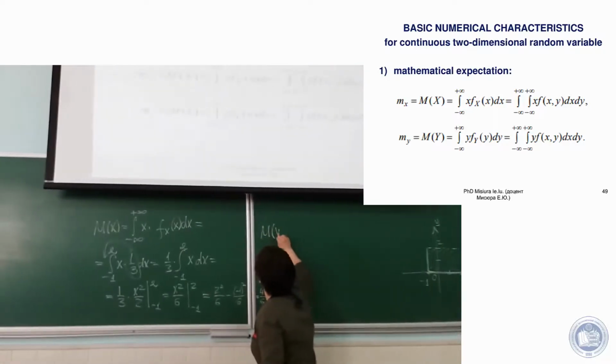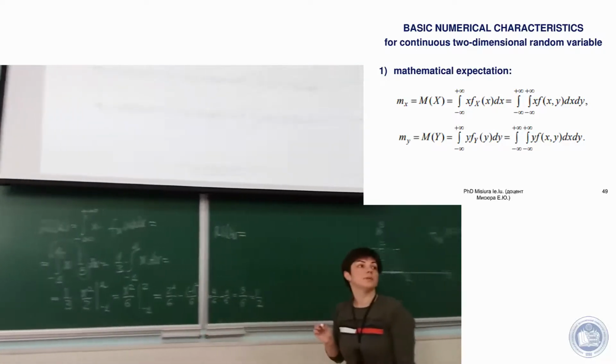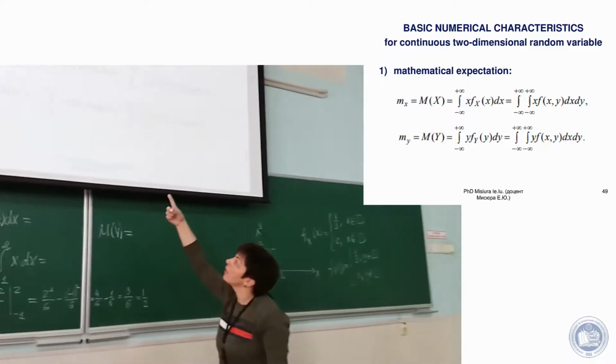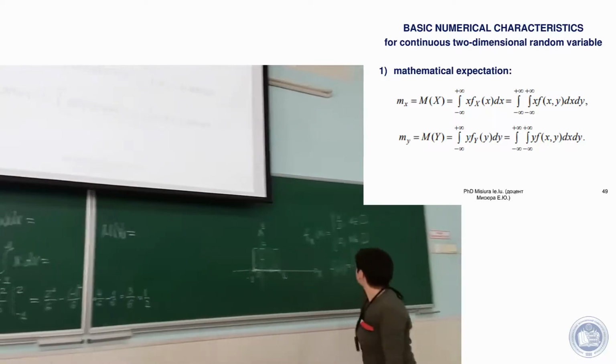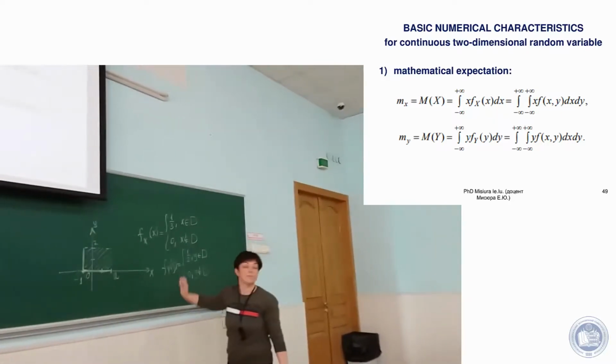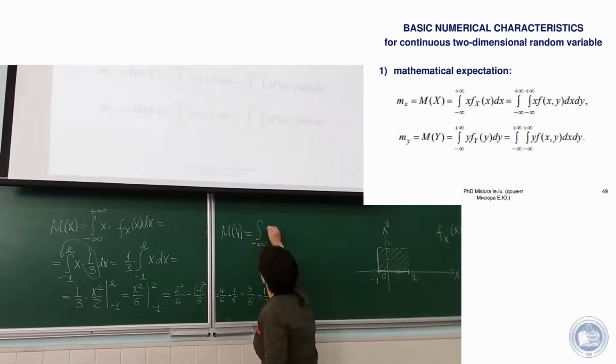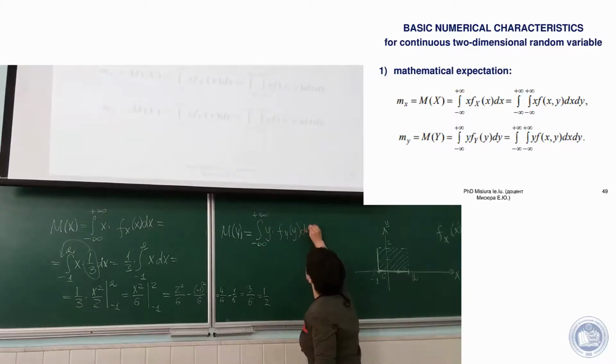How to find M of y? Let's use formula and function f of y. Do you agree? Okay, let's copy out. Integral from negative infinity to positive infinity y multiplied by f of y times dy.